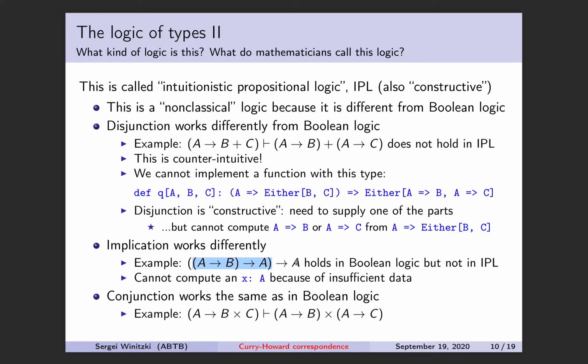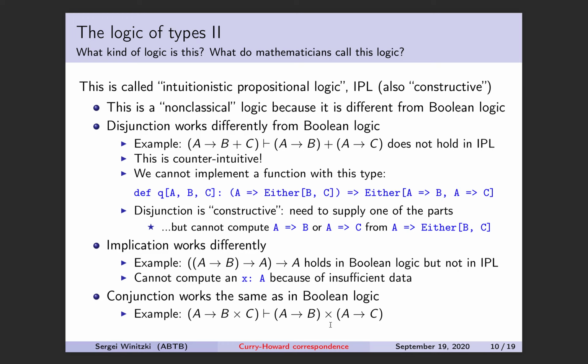And so we can never get an A. There's insufficient data to constructively find a value of type A. In Boolean logic, you're not required to find a value of type A. You're required to prove that it exists. And you can prove that if it does not exist, there is a contradiction of some sort. But that's not good enough for constructive logic.